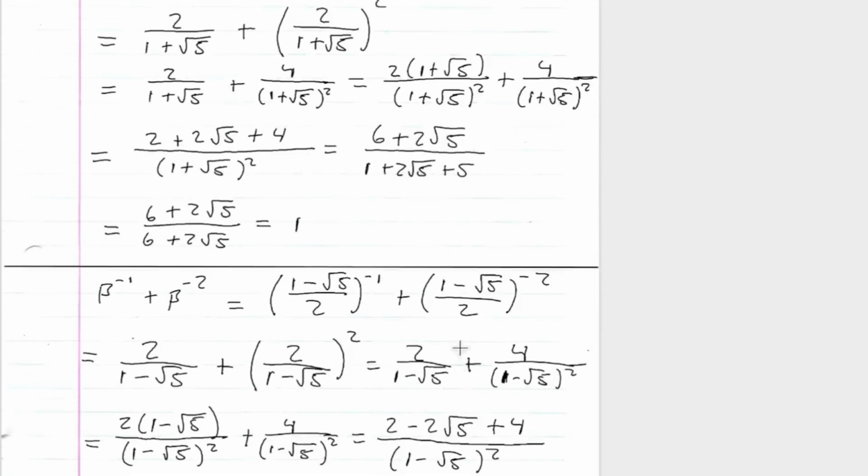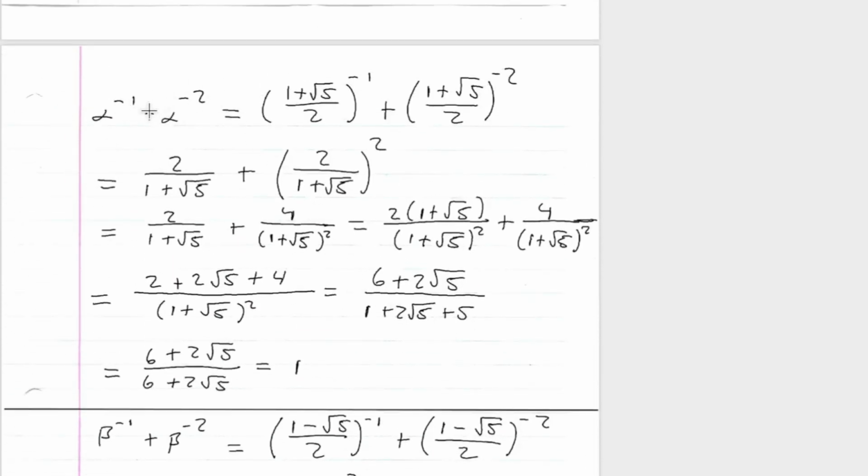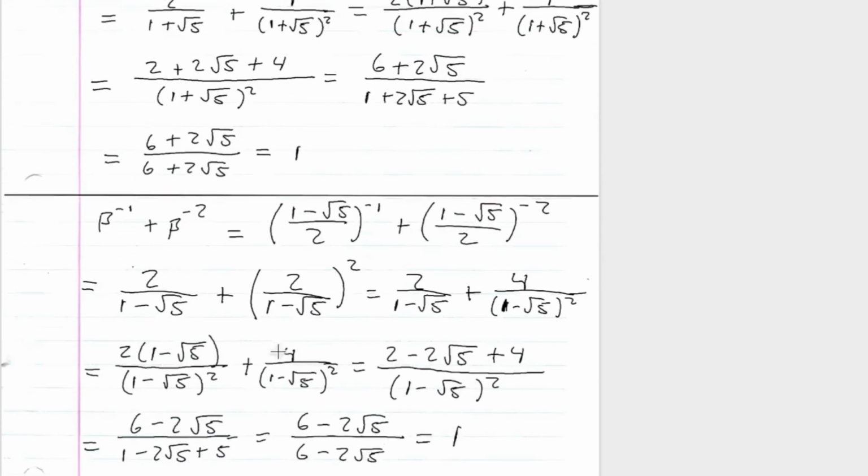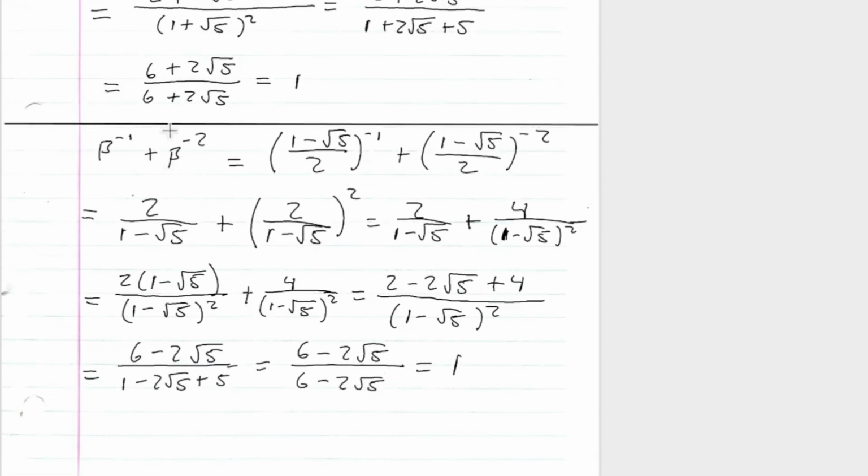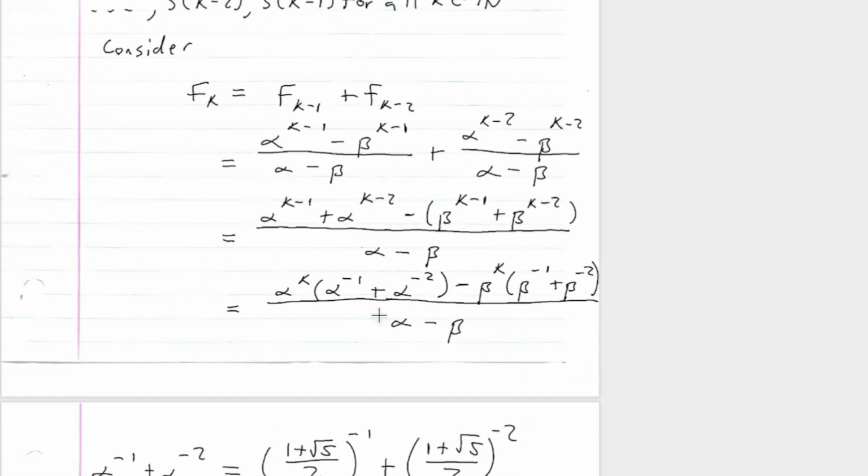So we've proven that alpha to the negative 1 plus alpha to the negative 2 is equal to 1, and beta to the negative 1 plus beta to the negative 2 is 1. So we can go ahead and go back to here.